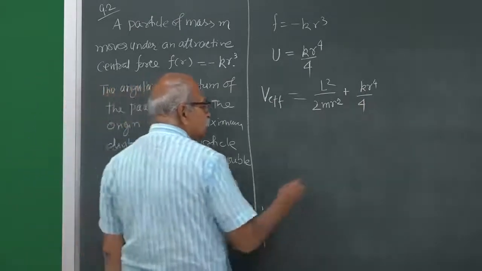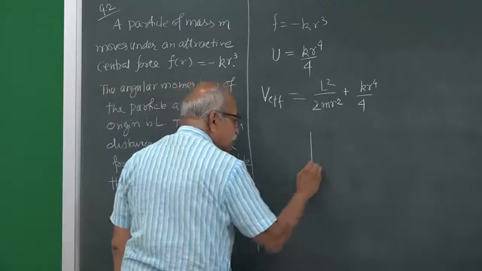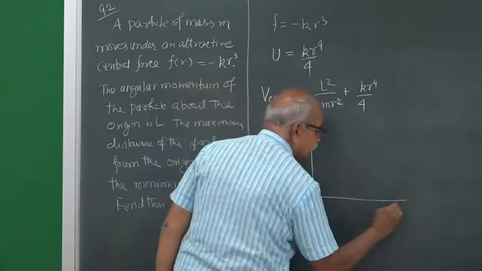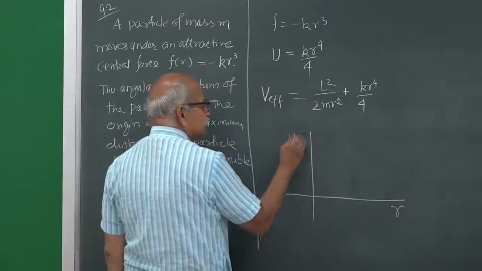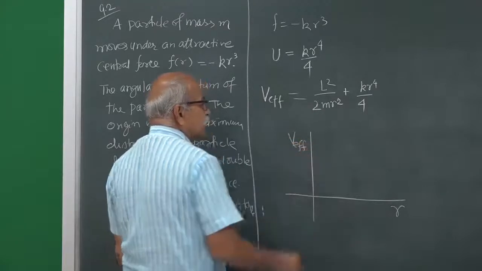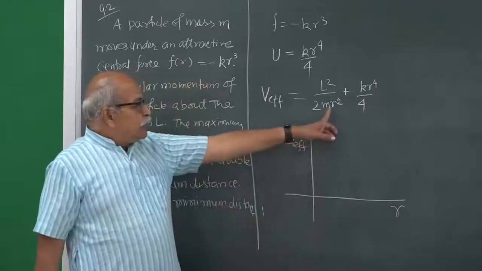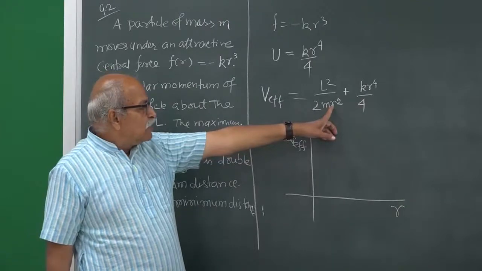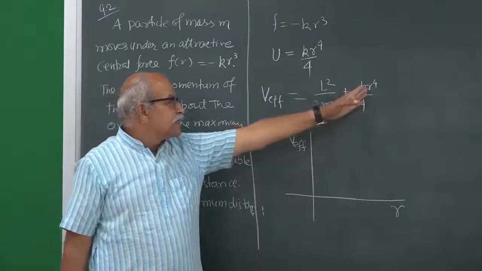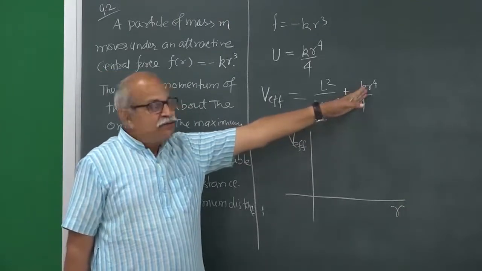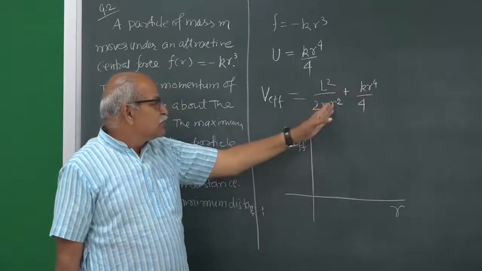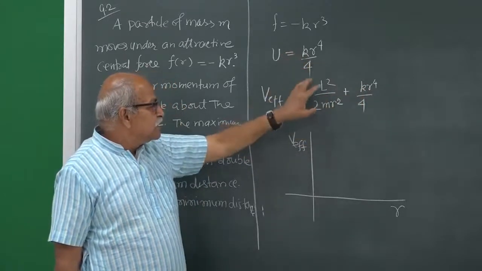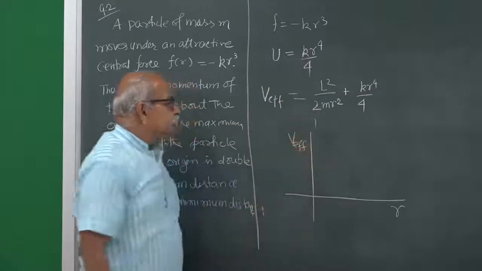And if we draw the potential energy, how will it look like? If this is r and this is V effective, and if I draw this, if you take very small values of r, this term is negligible, and this term is going to infinity, so it comes from infinity.